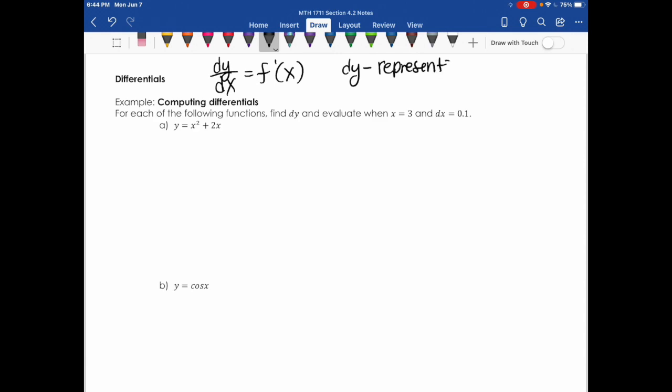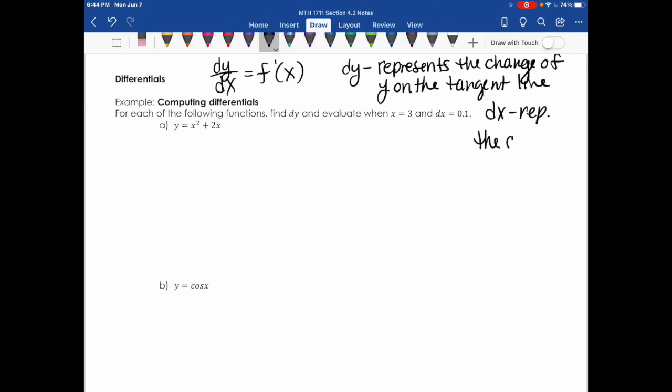Well, that dy represents the change of y on the tangent line at a specific point on the function, and then the dx, I'm running out of room here, dx represents the change in x on the tangent line.